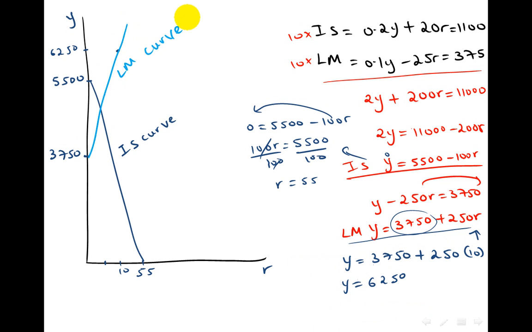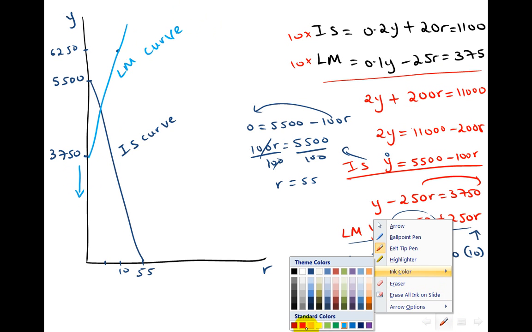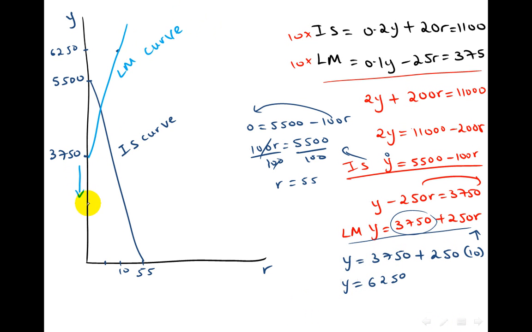Good. Now this will be our what? Our graph, and there will be something here that we were asked. What if the MS decrease? So this LM is the one that was based on the MS. So let's imagine it, and let's say that it's decreased here. Of course, it will be on the same slope.